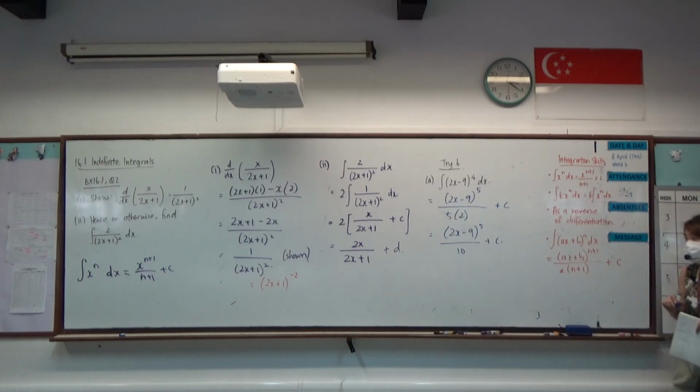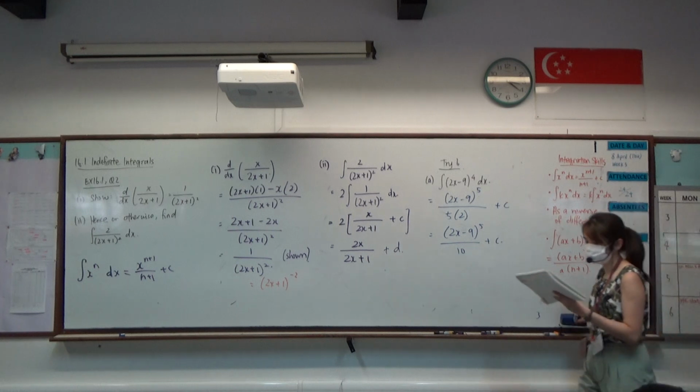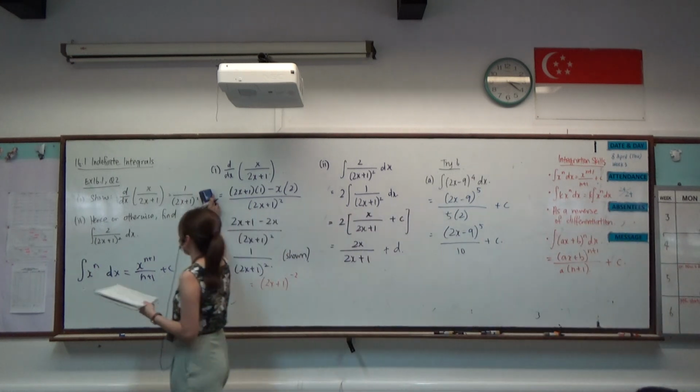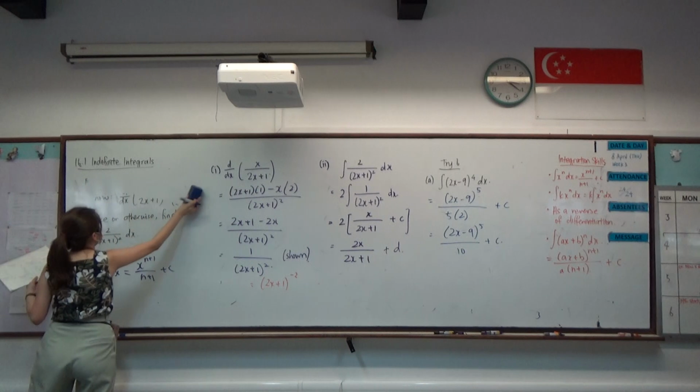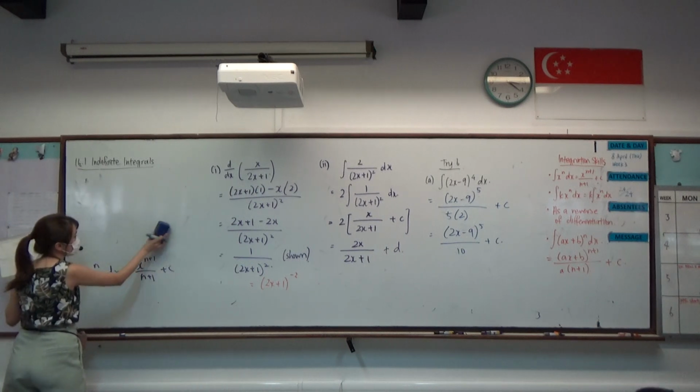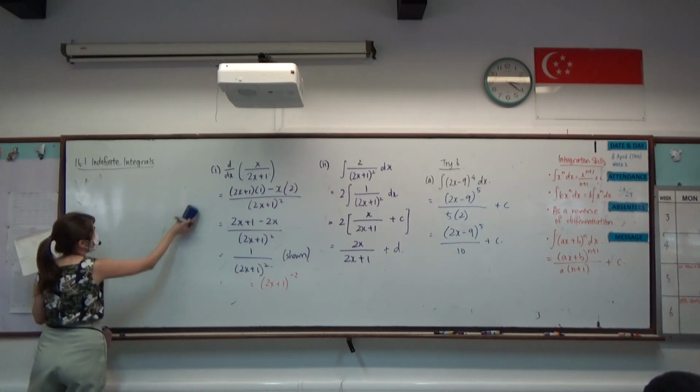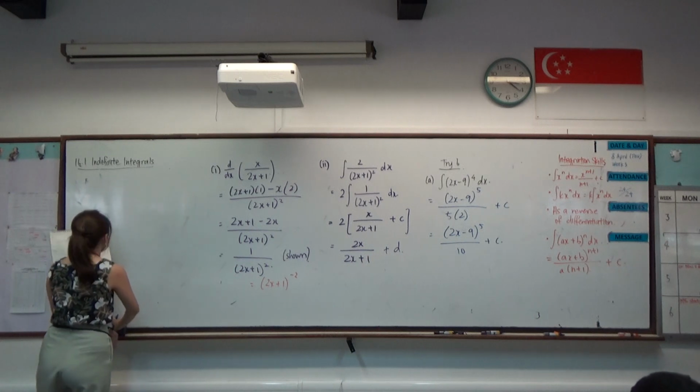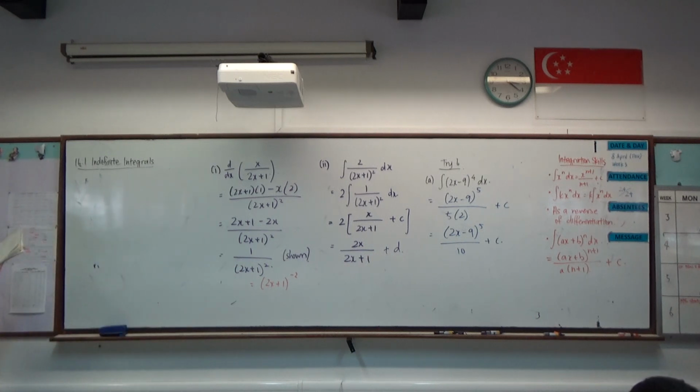So it will be 2x minus 9 to the power of 5 over 10, plus c. Questions?